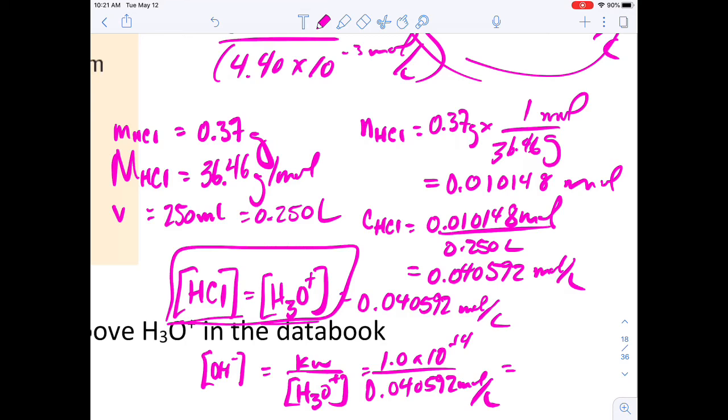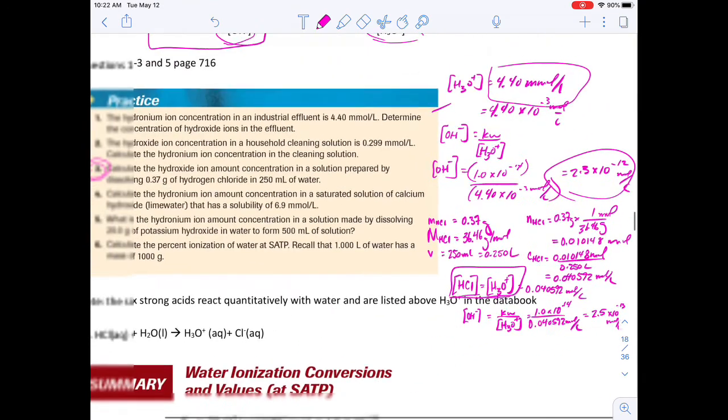And I'm going to come out with 2.5 times 10 to the negative 13 mole per liter for hydroxide ion concentration.